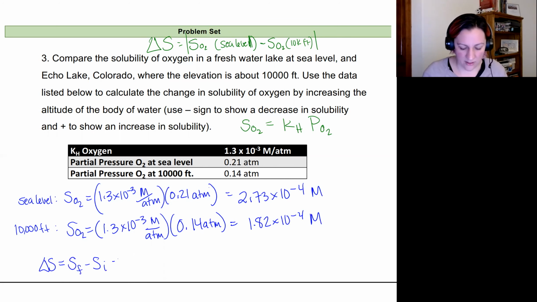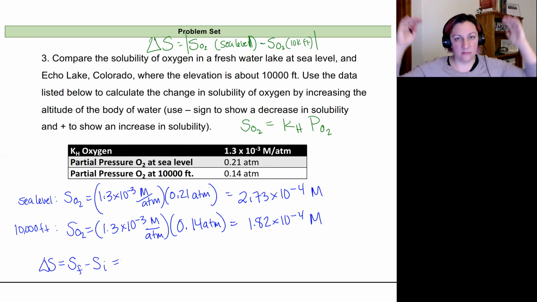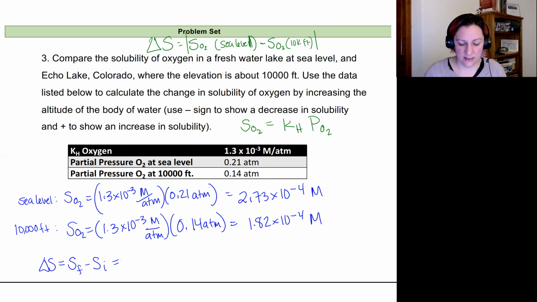But anyway, if I interpret 10,000 feet as final and my initial is at sea level, then I'm going to have 1.82 times 10 to the negative fourth molarity minus the 2.73 times 10 to the negative fourth molarity.